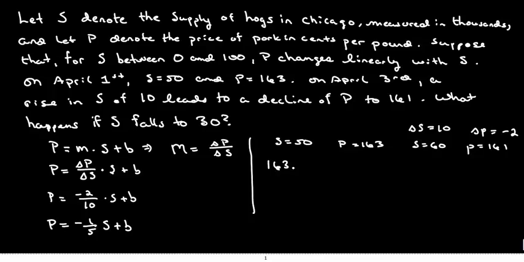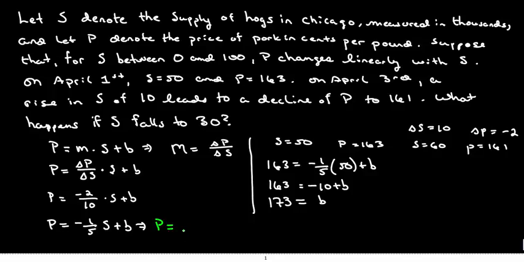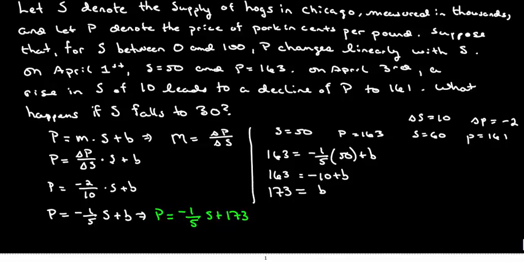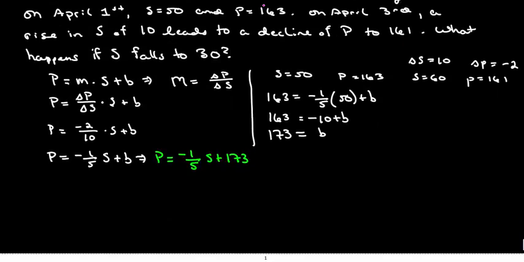So I have 163 equals -1/5 times S, which is 50, plus B. That's 163 equals -10 plus B. So B is equal to 173. So P is equal to -1/5 times S plus 173.